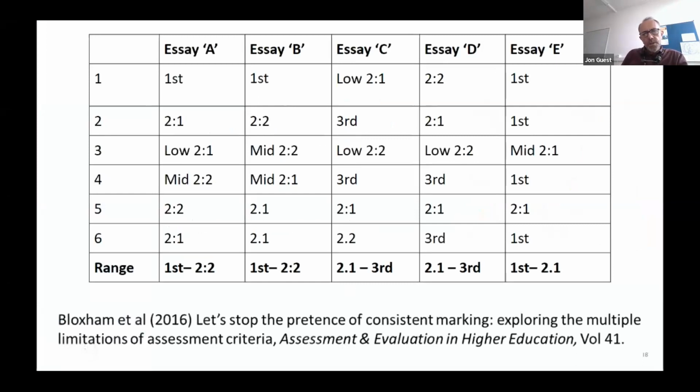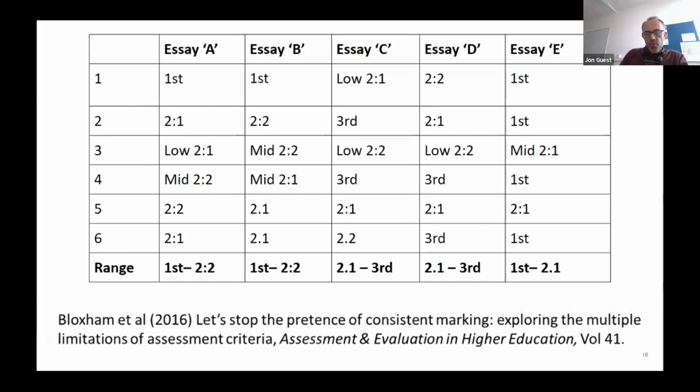What the researchers did was take 5 essays, essay A, B, C, D, E. These 5 common essays were copied and anonymized, and given to 6 different individuals at different universities to mark, okay?